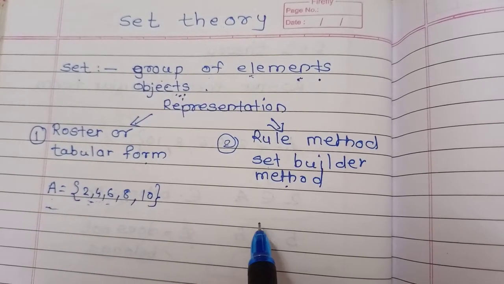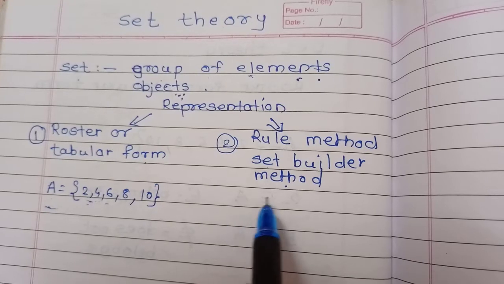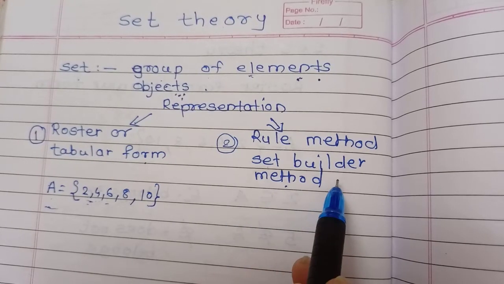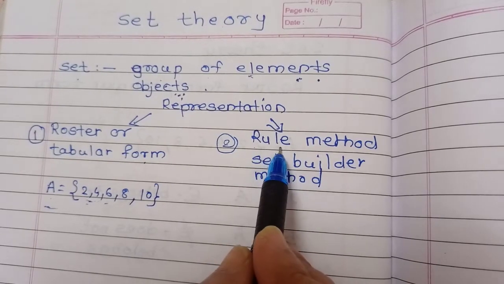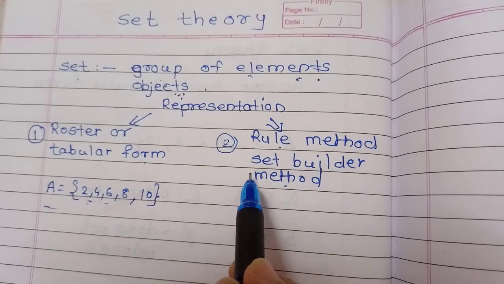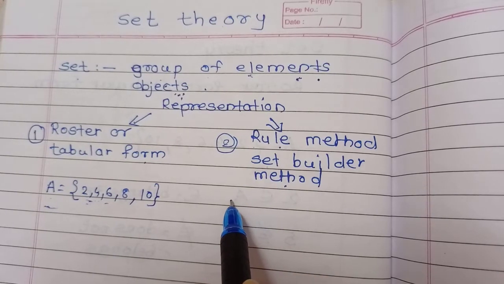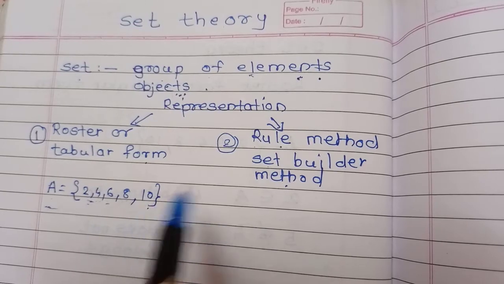Now how will we write with the rule method or set builder method? The name rule describes what rule we are following while listing these elements.